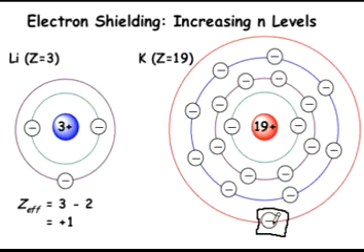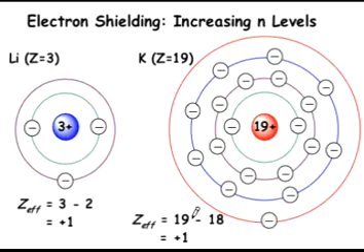Now let's look at the effective nuclear charge that acts on this electron. Again, we have a total of 19 electrons minus 18 core electrons to give an effective nuclear charge of +1. You'll notice in potassium we have many more electrons shielding this one electron from the nucleus.